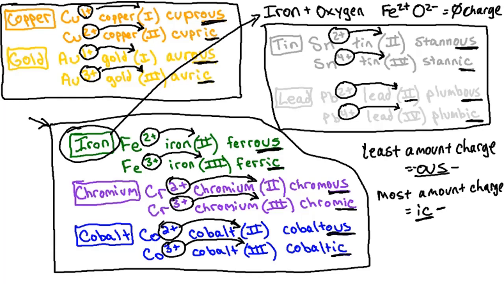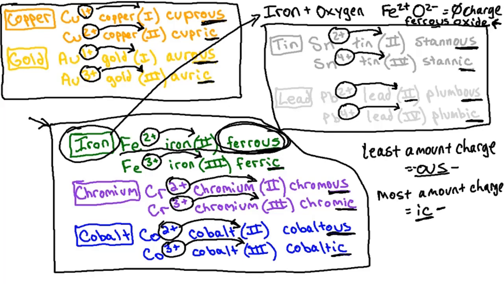So since we use iron with the 2+ charge, which is called ferrous, we're going to call this ferrous oxide. Because remember, this is an ionic compound, so you want to take that last word, oxygen, and change the ending of that name to "ide."